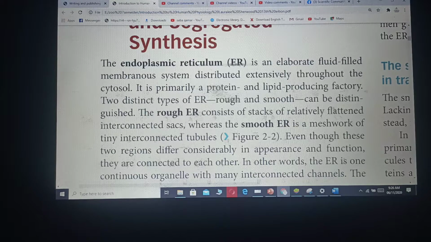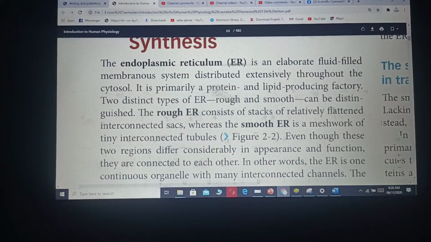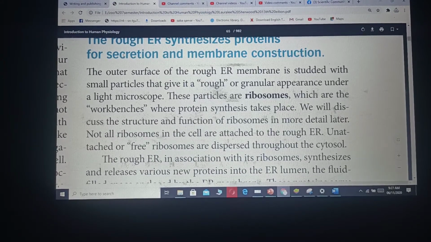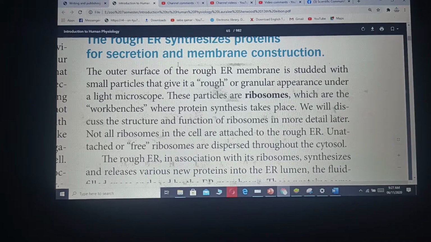So I am moving towards the next article, that is rough endoplasmic reticulum in detail. Rough endoplasmic reticulum synthesizes proteins for secretion and membrane construction. Actually, the first question is why rough endoplasmic reticulum is known as rough.